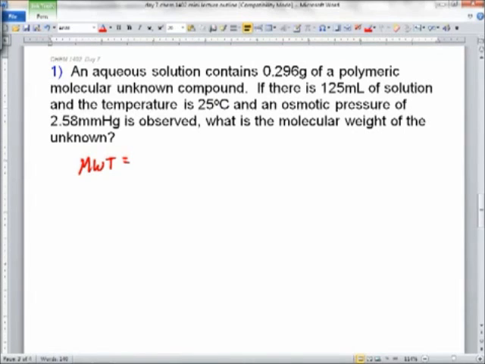Yeah, moles are in there. Grams over mole. That's what molecular weight is. Grams over mole. Questions kind of changed now. We're halfway there.